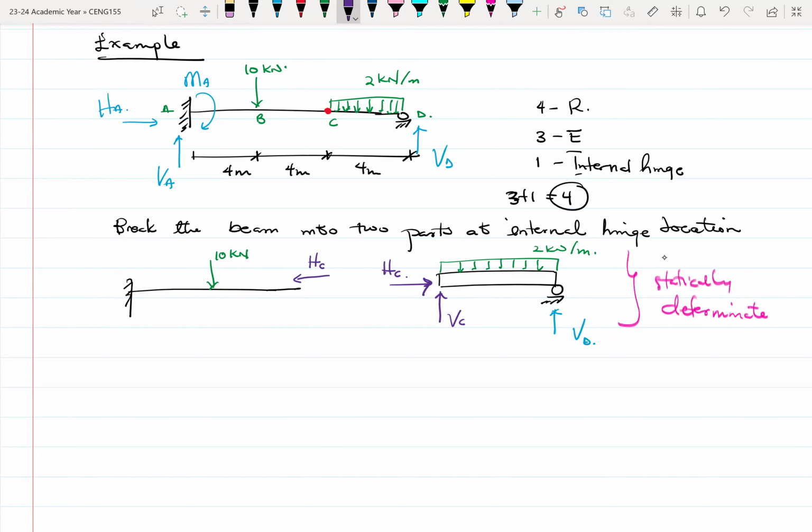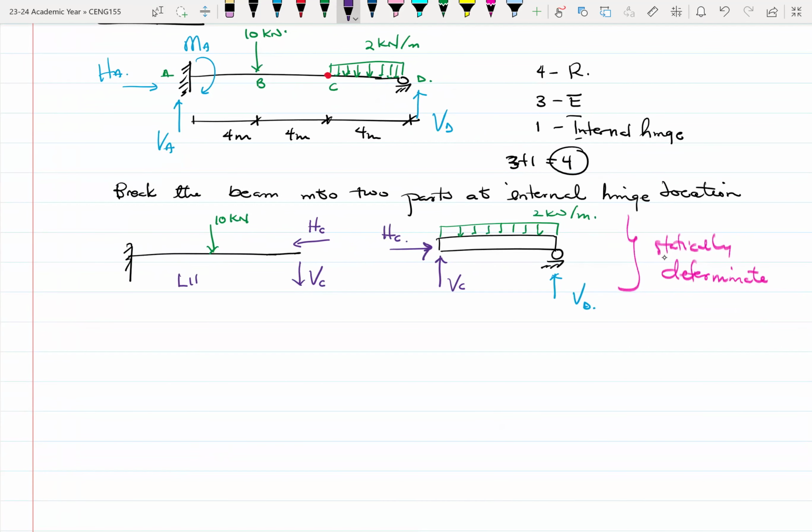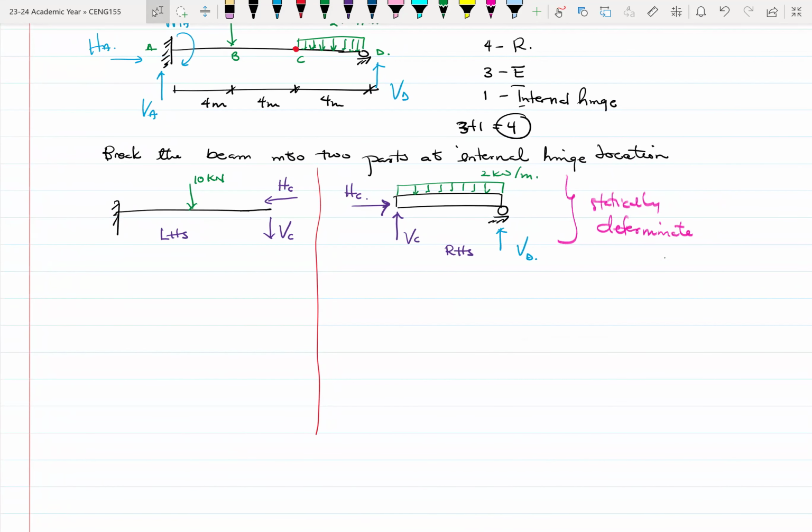On my right side, VC is going upwards, so on the left-hand side, VC will go downwards. When you sum these up, they should give you zero. That's what we'll be trying to do when you cut a section. So we have the left-hand side and then the right-hand side. Let me put some break in between the two. We can solve the right-hand side easily, or not easily, but we can just solve it.